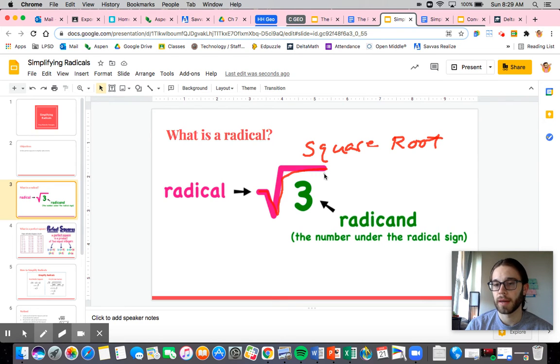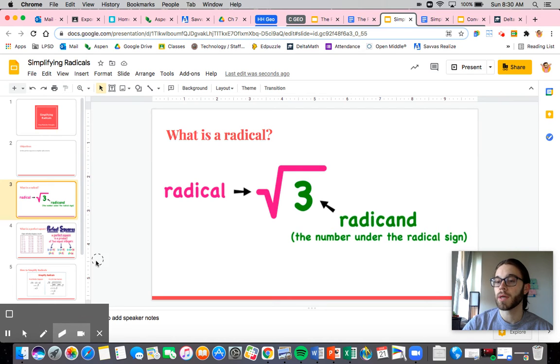Underneath the radical is something called the radicand. And it could be a number, it could be a variable, it could be an expression like x plus 2. It could be all kinds of different things, but that is ultimately going to be the radicand. So if you ever hear the word radical, it's talking about this symbol, and the radicand would be what is underneath it. All right.